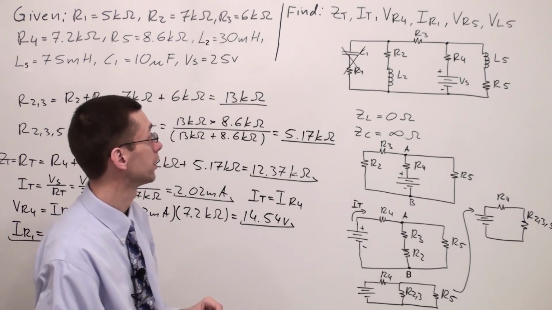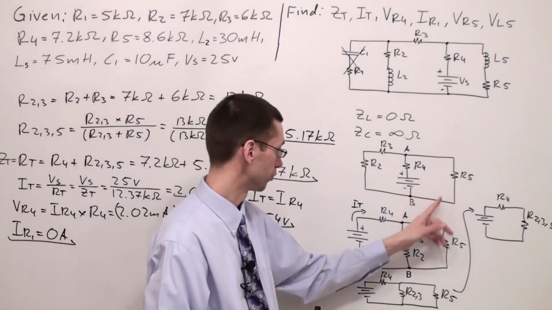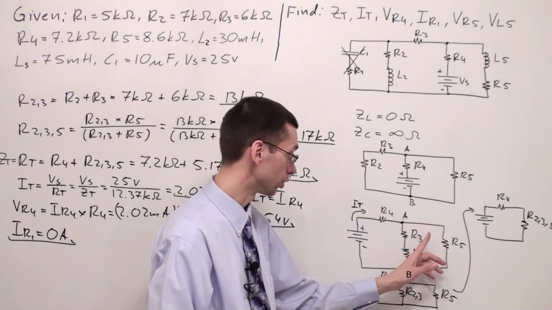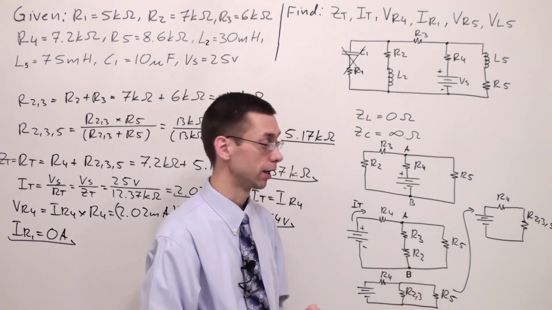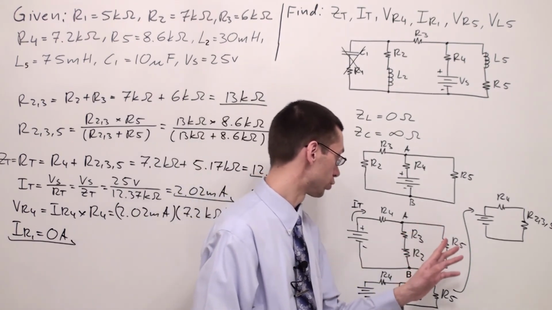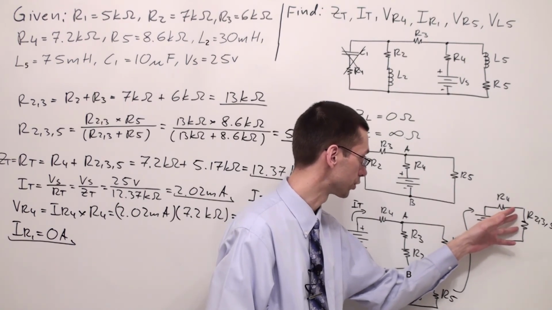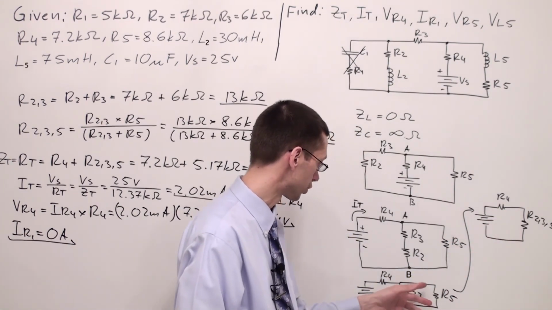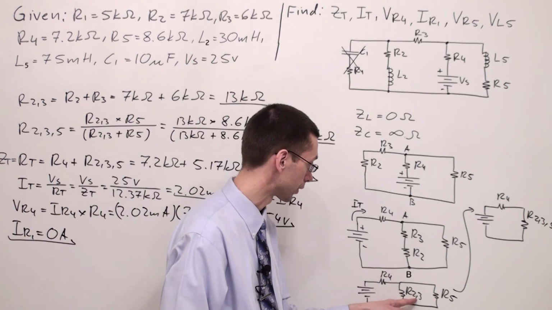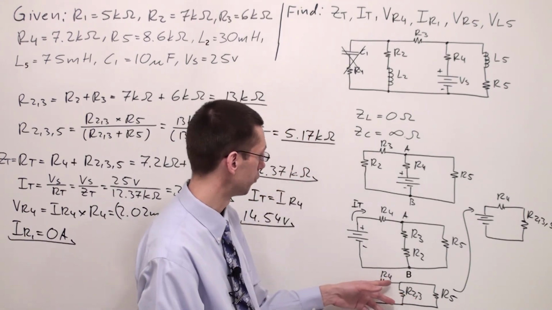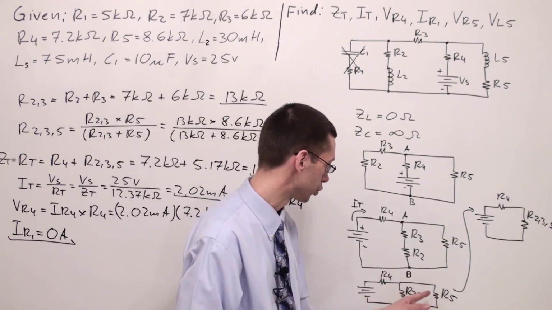Next, we're supposed to find the voltage across resistor R5. Okay, we're supposed to find this voltage. In order to find this voltage, I'm going to use KVL, because you're supposed to realize that the voltage across this resistor is the voltage which is going to appear across resistor R5 and across resistor R23. I'm not looking for the voltage across resistor R23, but R5 is going to have the same voltage.